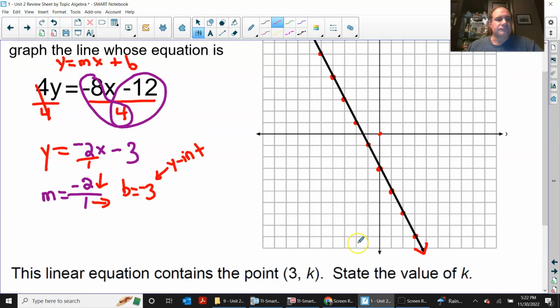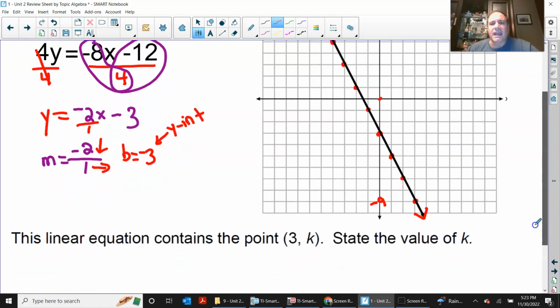So the linear equation contains the point (3, k). State the value of k. You could use the graph. So 3 right here, the value of k is 1, 2, 3, 4, 5, 6, 7, 8, 9. And remember, that's -9.